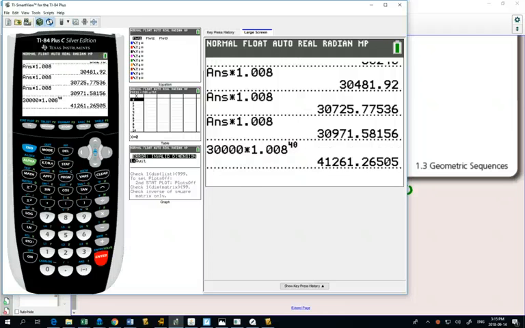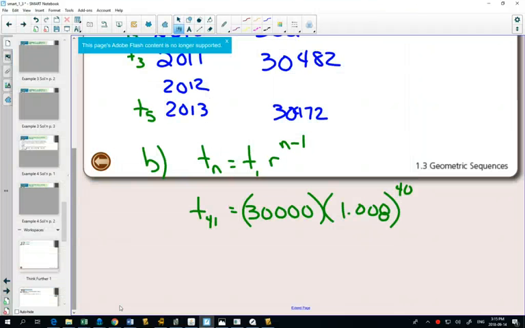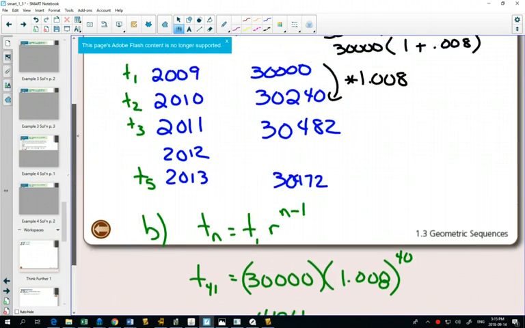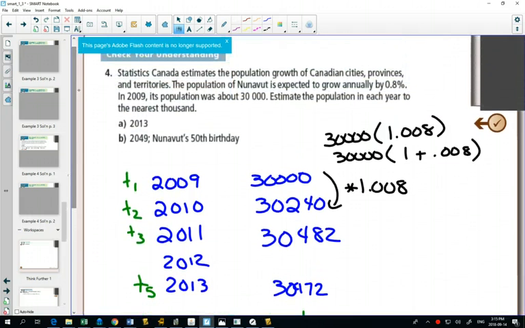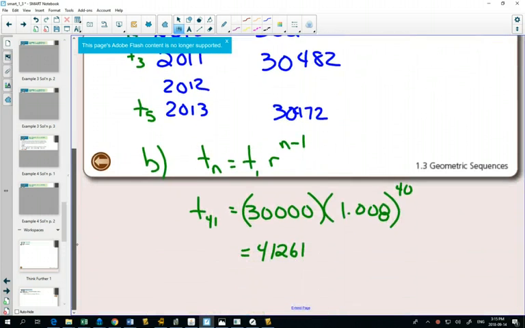And if we read the question carefully, the question says, estimate the population each year to the nearest thousand. So we're going to have to round this now to the nearest thousand, approximately 41,000.